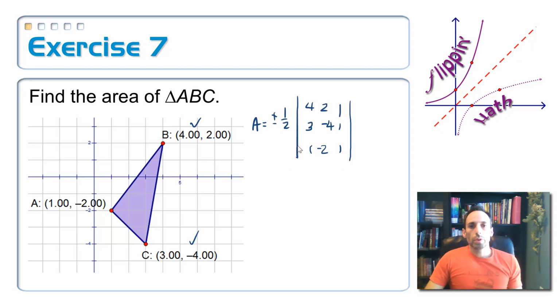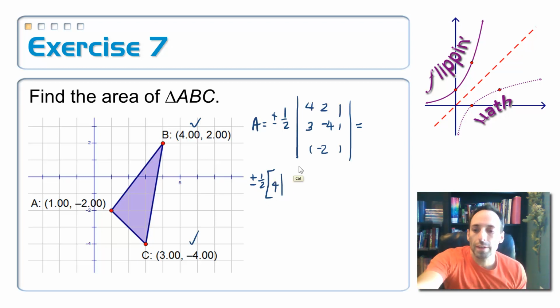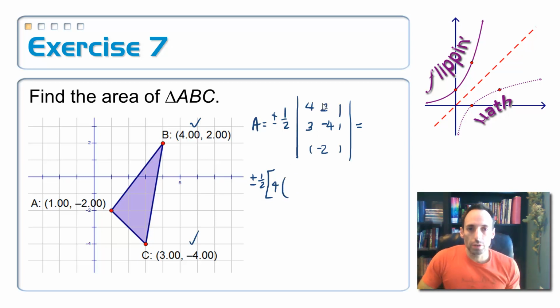Now whenever I find the determinant, I can either use expansion by minors or I can use the diagonal method. It is completely up to you. Let's go ahead and use expansion by minors, because it's everybody's favorite. So the area is going to be plus or minus 1/2 of, put a big bracket around here. I'm going to pull out the 4 first, and then find the determinant of, I don't even have to write what the determinant is, I can just write the numbers here. So I cross out the column and the row that it's part of.